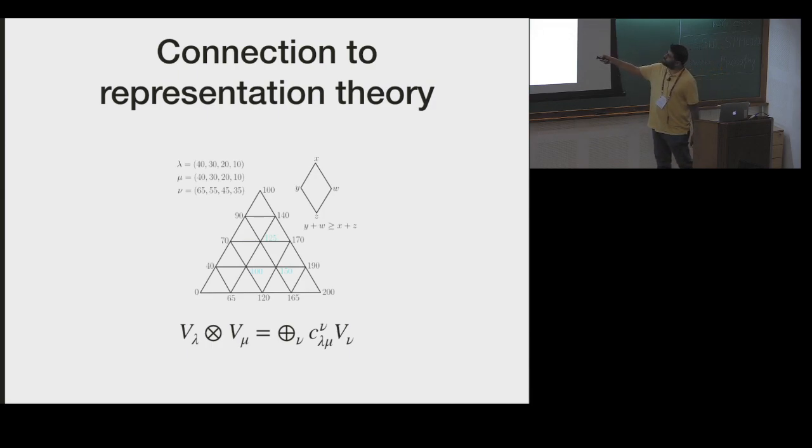So in this rhombus, for example, you have y plus w greater or equal to x plus z. If you have these constraints everywhere, you're guaranteed that the thing is concave. And similarly, if you have a concave surface, these will be satisfied. So the set of all possible extensions form a polytope in some roughly n squared dimensional space, where n is the side length.